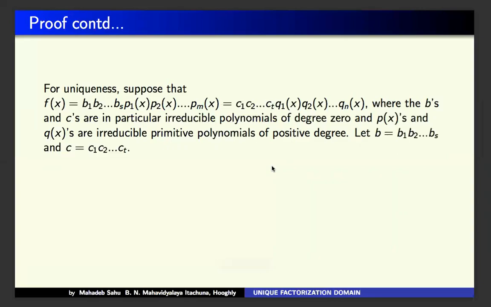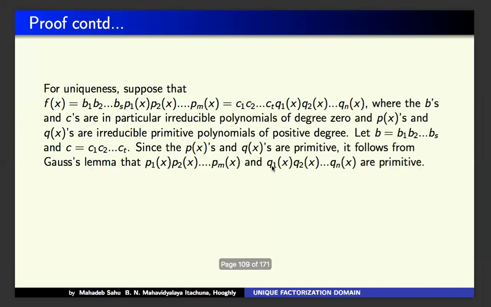Now let B equal B1, B2 up to Bs and C equal C1 up to Ct. Since the Pi(x)'s and Qi(x)'s are primitive, it follows from the Gauss lemma.